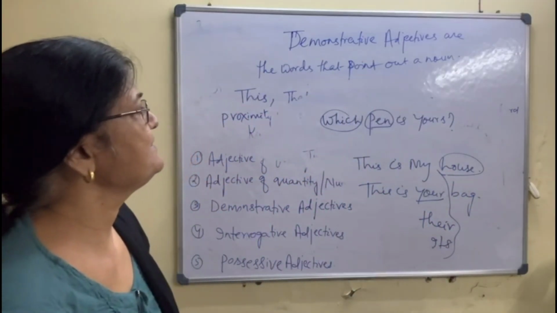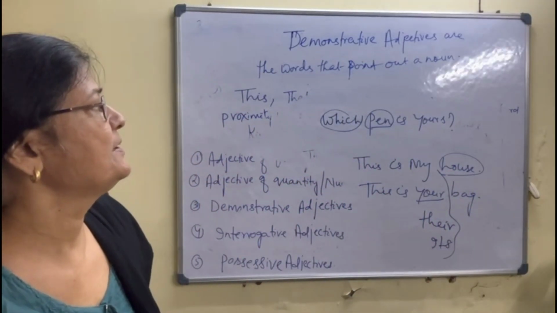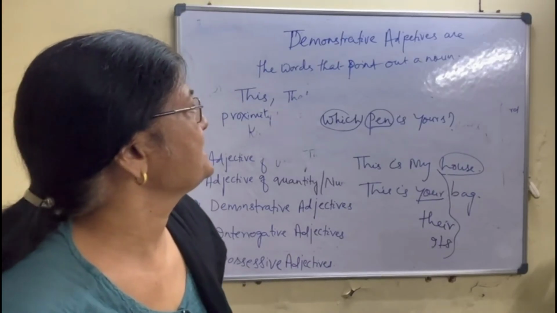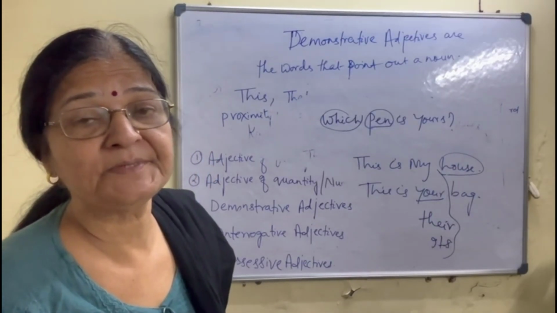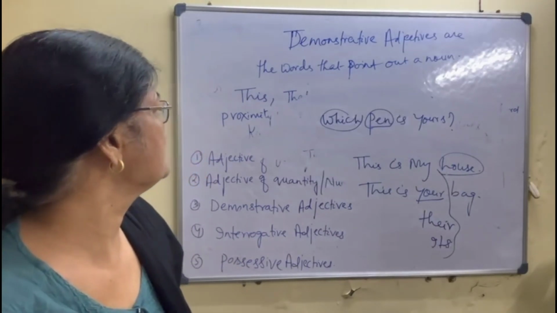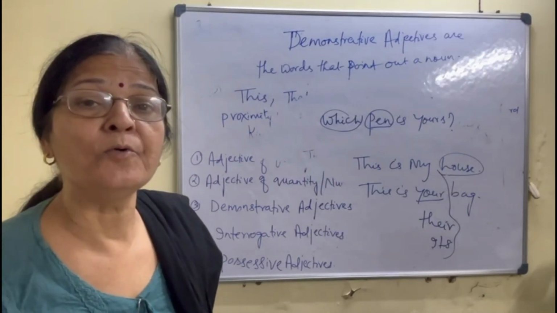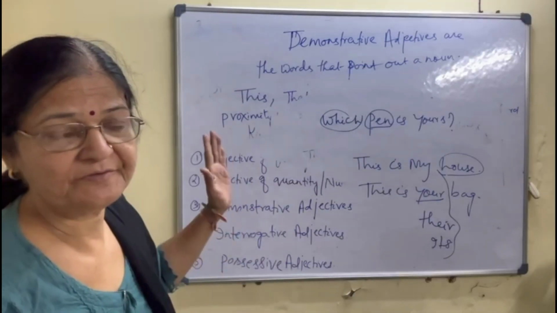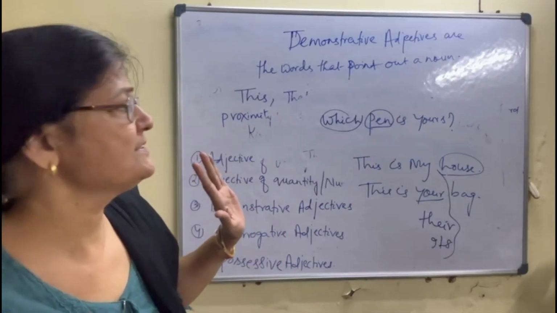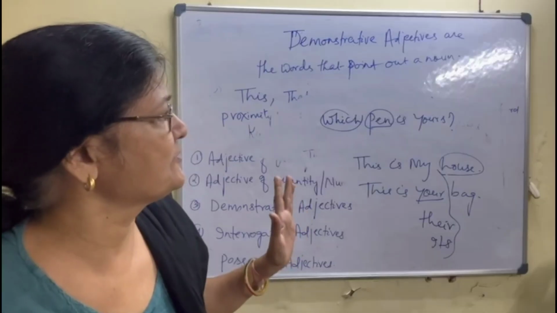So, adjective is very simple, we came to know. Adjective is that part of speech which describes a noun or which tells us something more about the noun. And these are the various types of adjectives. Adjective is also a very big part of speech.